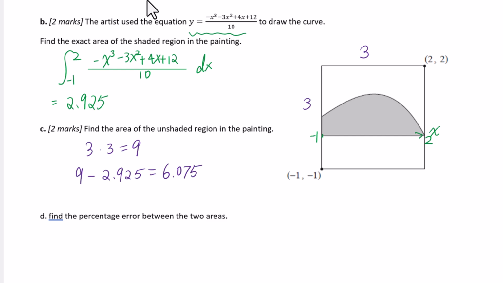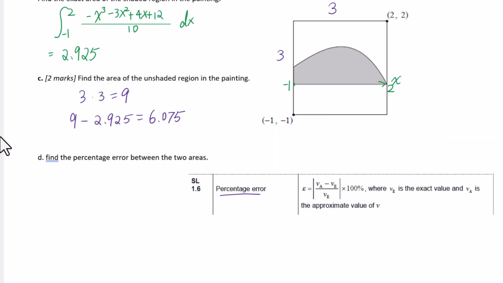Let's go to D. Find the percentage error between the two areas. For percentage error, we will use this formula, where V sub E is the exact value. The exact value is the area by integral. V sub A is the approximate value. The approximate value means the area by the trapezoidal rule.